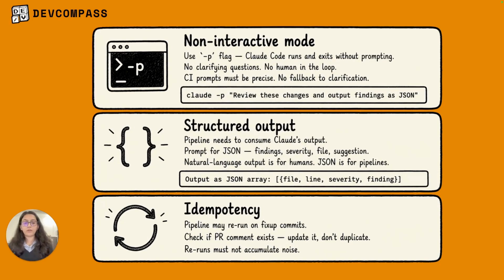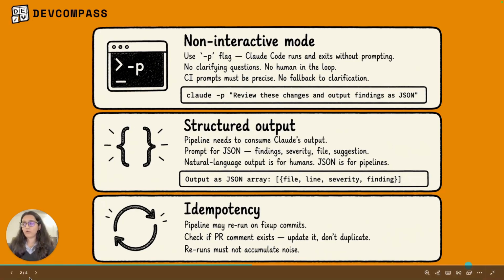You want the first one to be updated. So your CI step needs to check if a comment already exists and update rather than post fresh, which prevents duplicate comment accumulation on busy PRs. And these are the 3 areas that need to change in CI instead of how it would be in interactive ones.